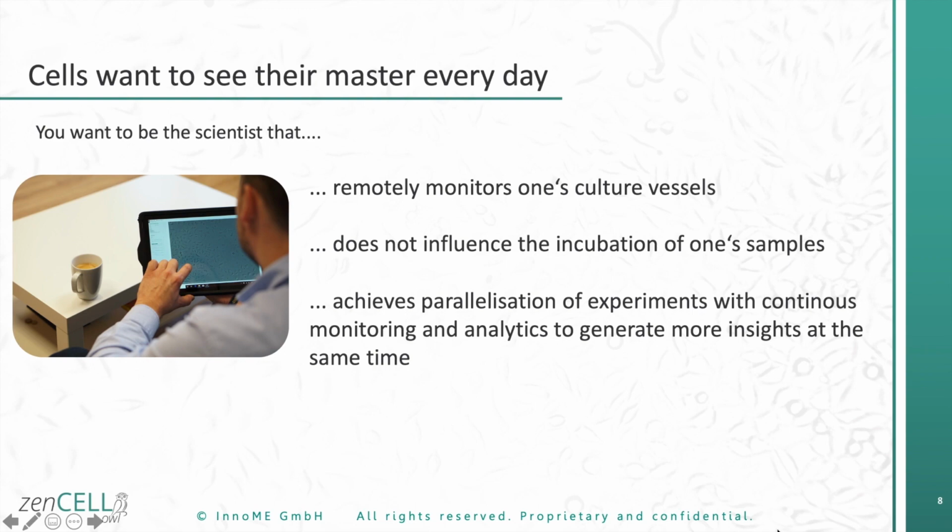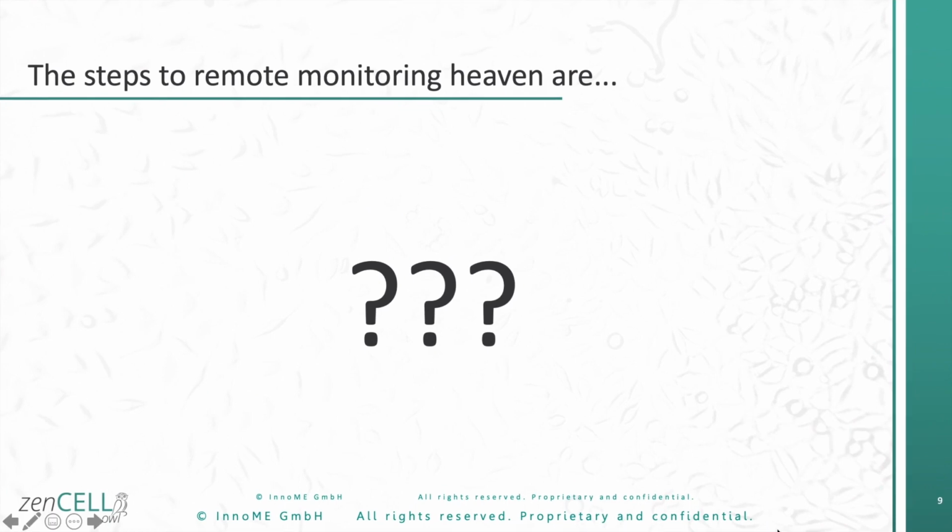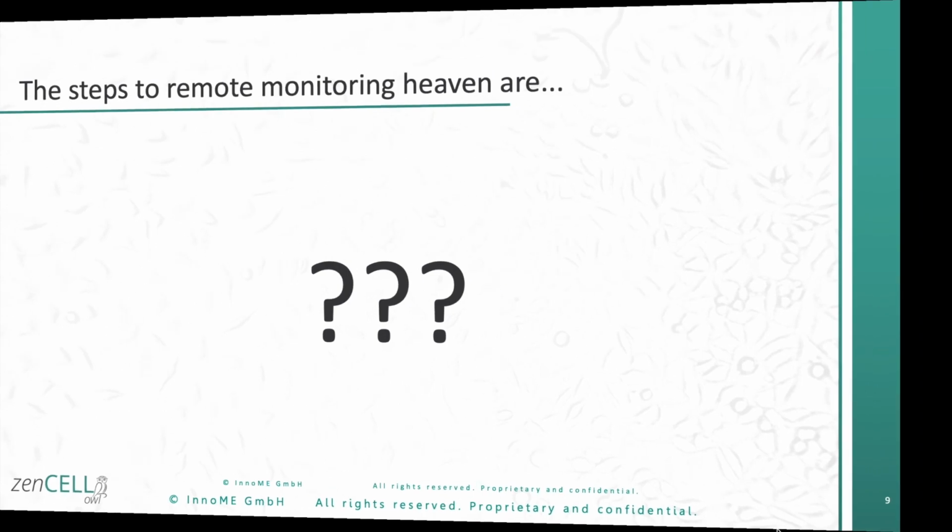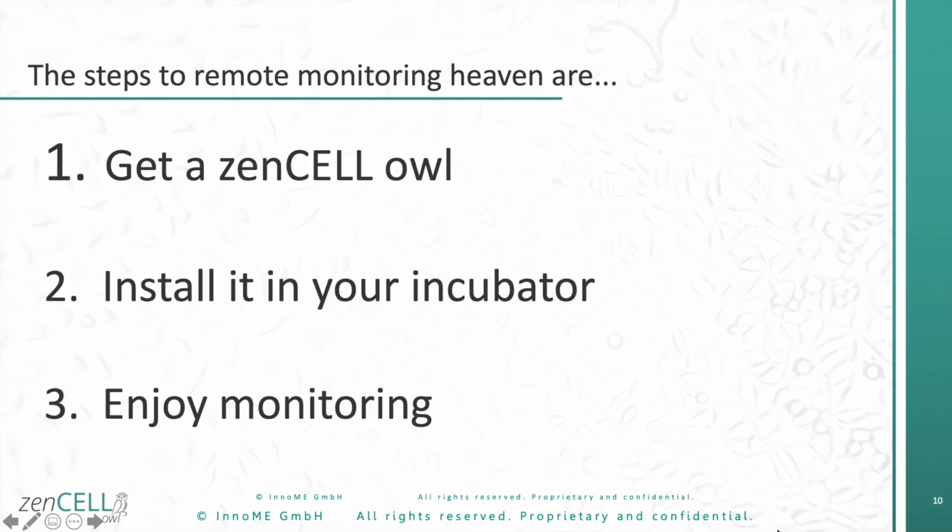So, if this makes sense to you, I think the question is, what are the steps to remote monitoring heaven? Well, okay, I'll tell you. Obviously, first of all, get a zenCELL, then install it in your incubator and enjoy the monitoring capabilities. And this all can be achieved typically 45 minutes after you unpack our device.